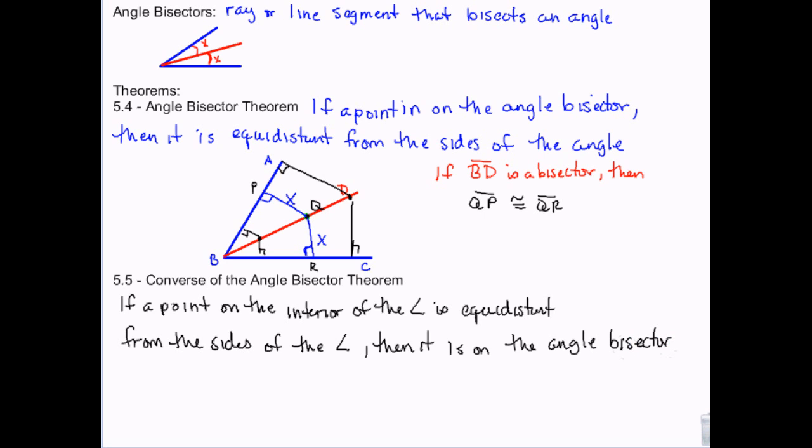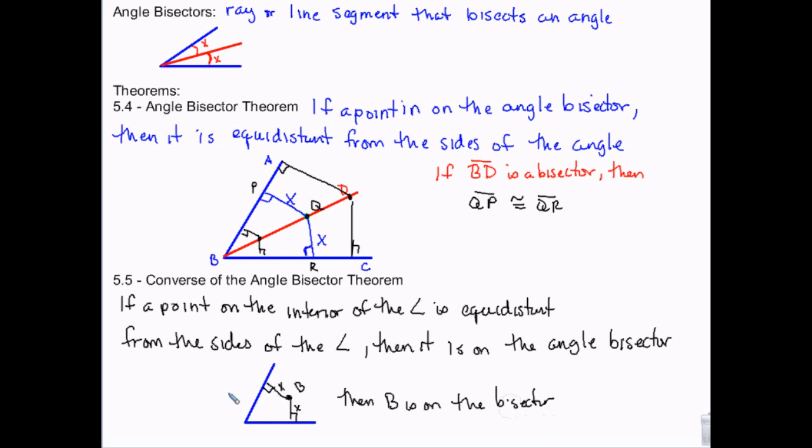Okay, so what we had before is if you had an angle and then you had a bisector, then the point was equally distant from the two sides. This way we're going the opposite way. If I have some point here, B, and this length is the same as this length, then B is on the bisector.